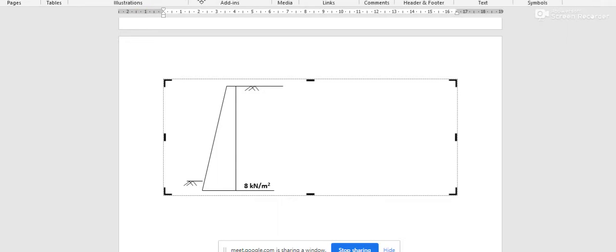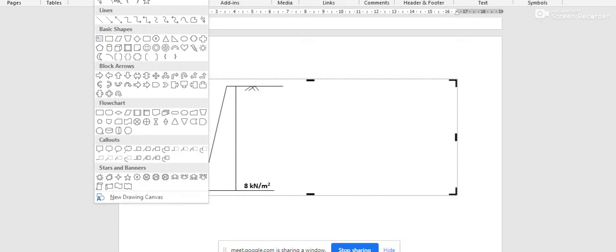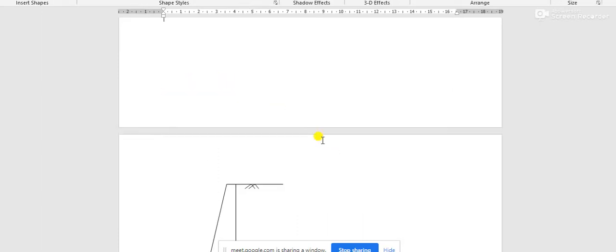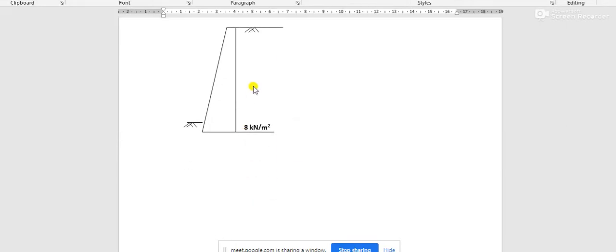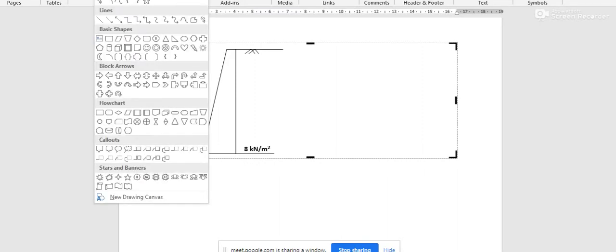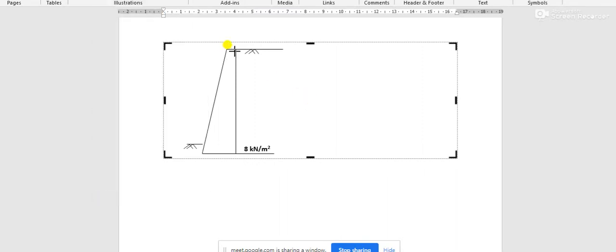If we try to draw the pressure diagram, at the top, this one is negative pressure.